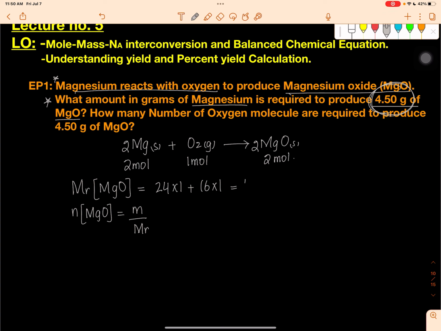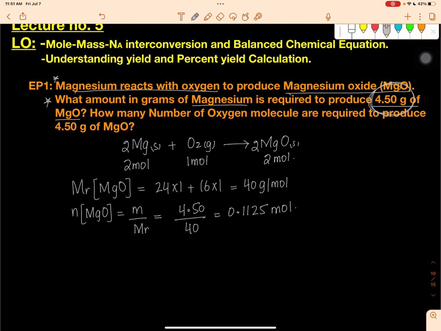The answer is 40 grams per mole. Now putting the values in the formula, what do we get? 4.50 divided by 40. We get 0.1125 moles.